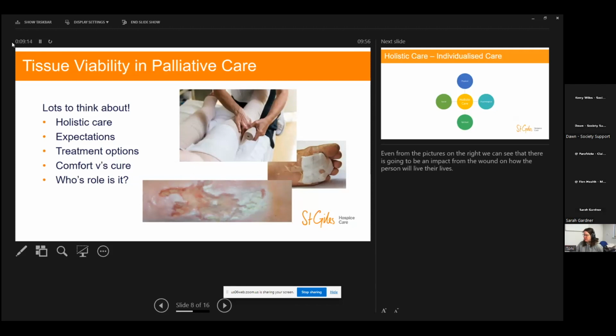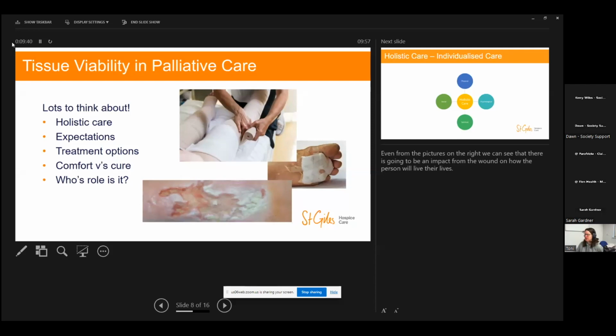Even if you look at any of these pictures on the right, and they're not all palliative, they're just ones off Google, you can see there will be an impact on the way that this person will then live their life, whatever that wound is. And therefore we need to think about, well, what would that holistic impact potentially be in the context of someone who is palliative and or at end of life.